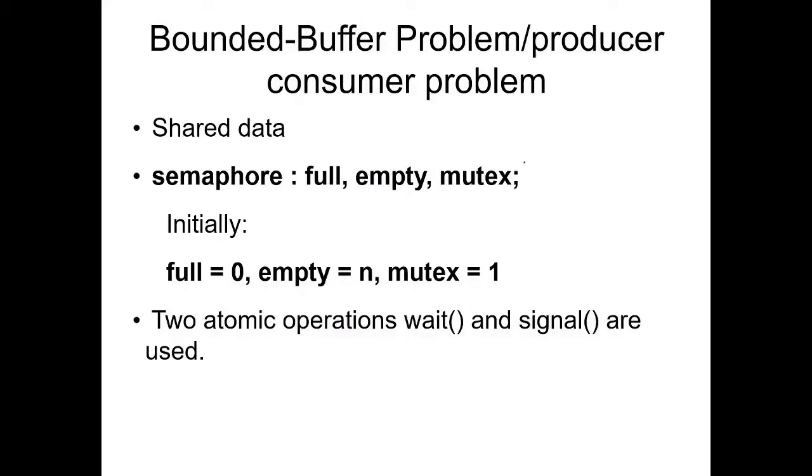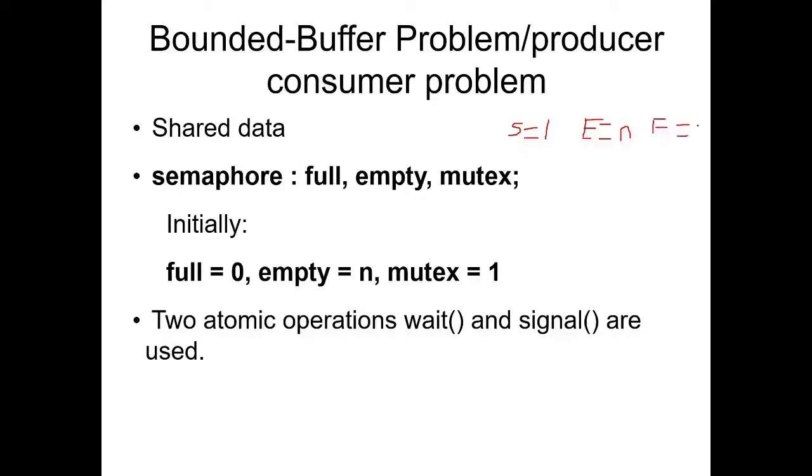So this problem can be solved using the semaphore concept, that is, there are three variables. First, the semaphore mutex, which is initialized to 1, and we take another variable, which we call empty, and it is initialized to n, and there is another variable called full and it is initialized to 0.